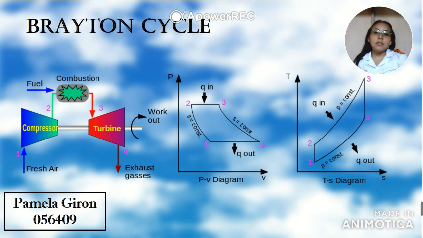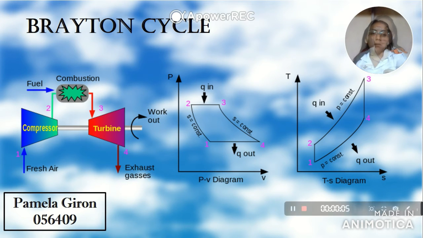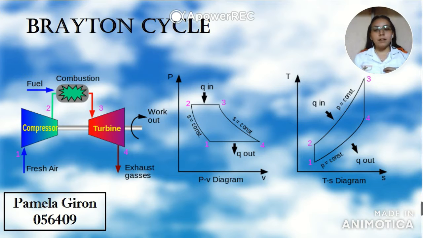Turbine: the hot air passes through the turbine, which it moves. In this step, the air expands and cools rapidly, which is described by an adiabatic expansion. Escape: finally, the cool air, but at a temperature higher than the initial one, goes outside.